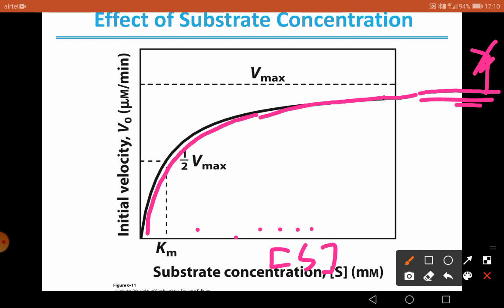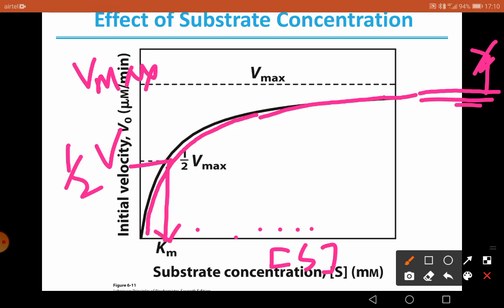And see here, if this is the maximum velocity or Vmax, and I consider this as half Vmax, then if we project this here, this concentration is called Km or the Michaelis constant. So when the reaction velocity is half Vmax, Km is equal to the concentration of the substrate.